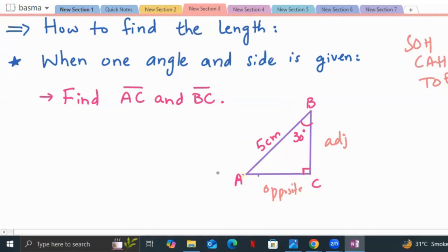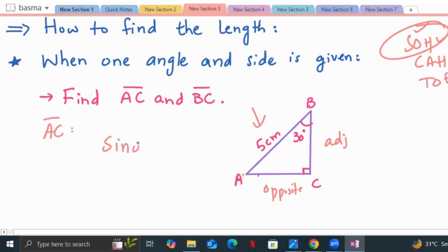All right, so since we're going to find the AC length first, we are going to use SOH CAH TOA. I observe here, I'm given the hypotenuse length and one angle, and I have to find the opposite side, so I better use the sine trigonometric ratio.